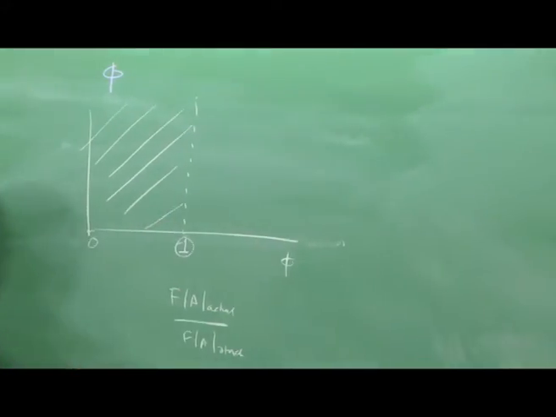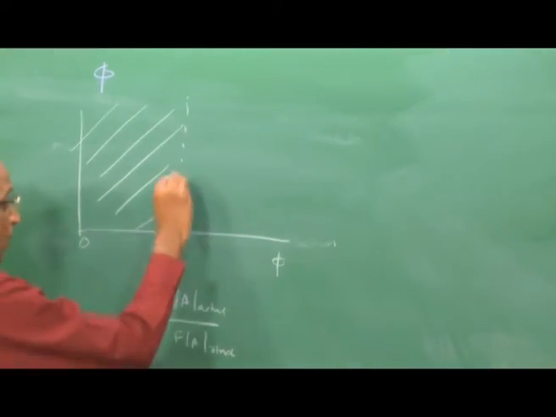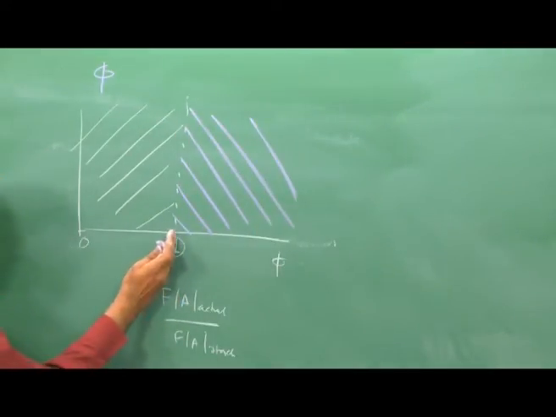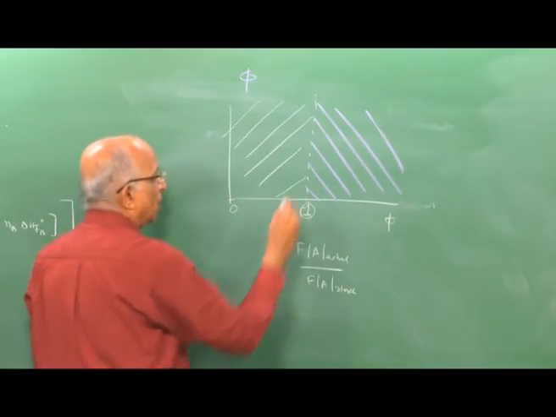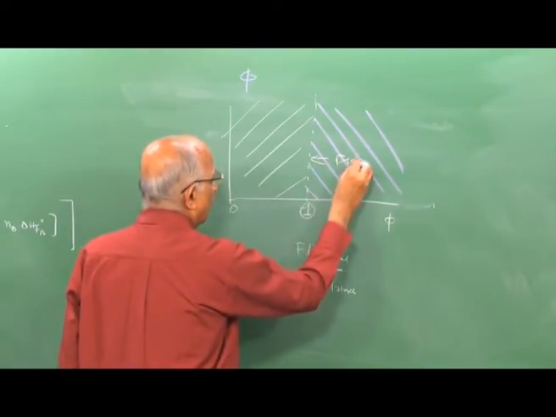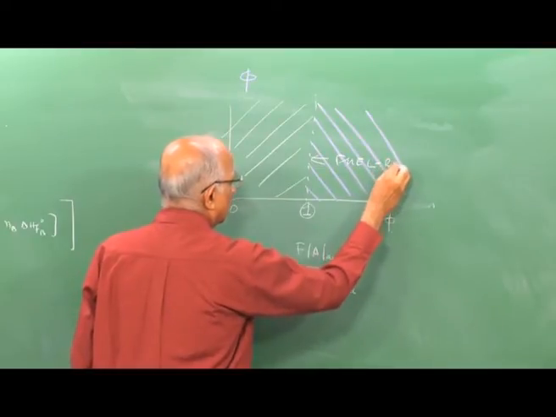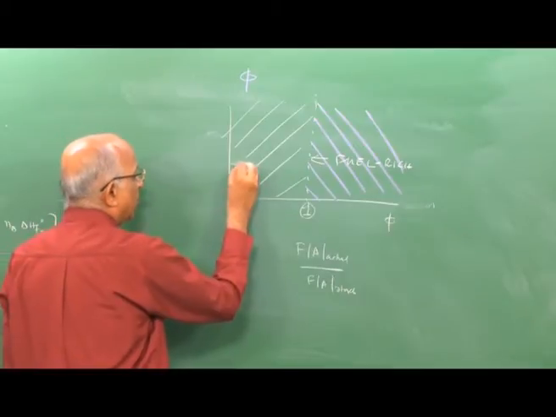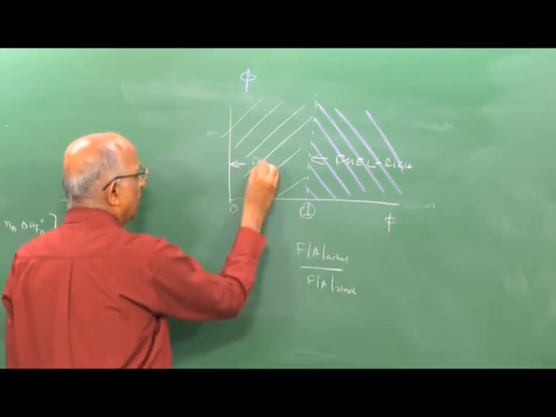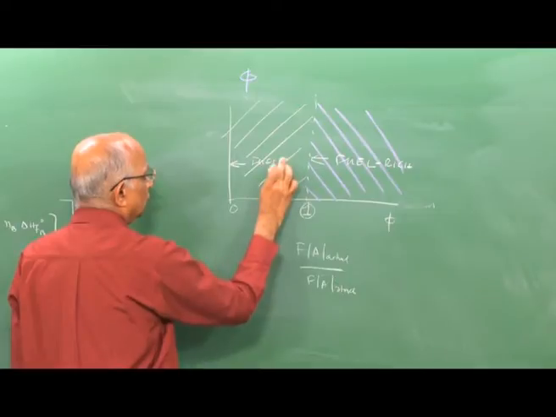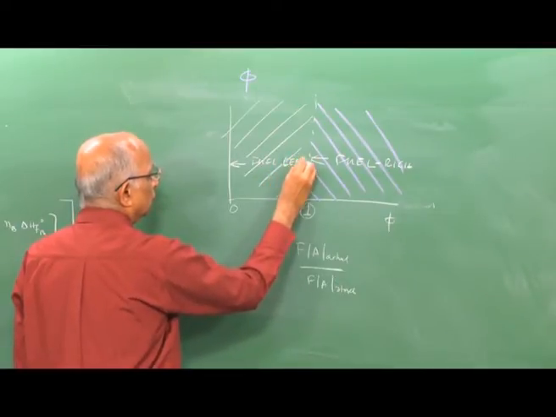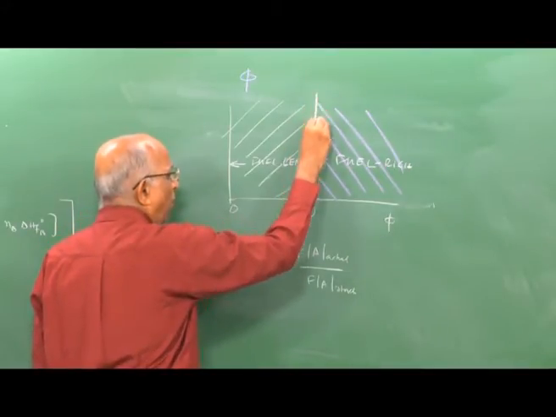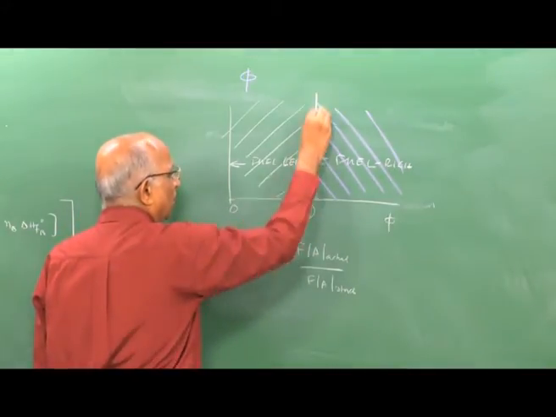The second part corresponds to a rich mixture, that means fuel rich mixture, and therefore the region to the right of 1 corresponds to fuel rich, and 1 corresponds to stoichiometry, and this particular region corresponds to fuel lean. What separates the fuel lean from fuel rich is an optimum which gives me the stoichiometric value.